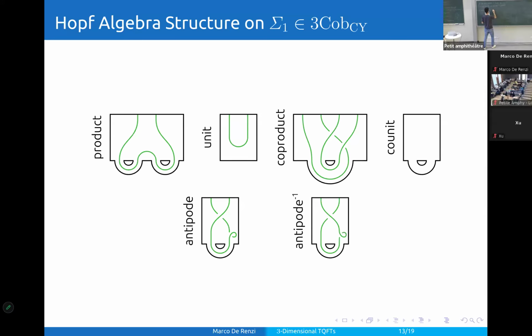And a monoidal category is said to be left rigid if every object in it admits a left dual.